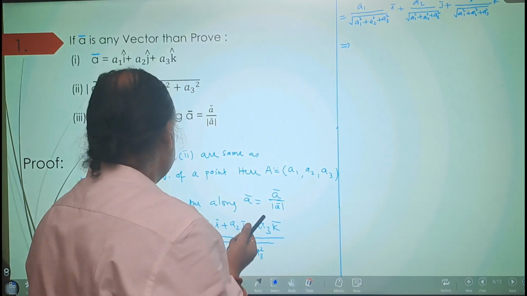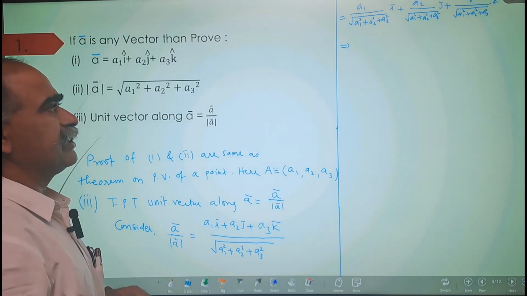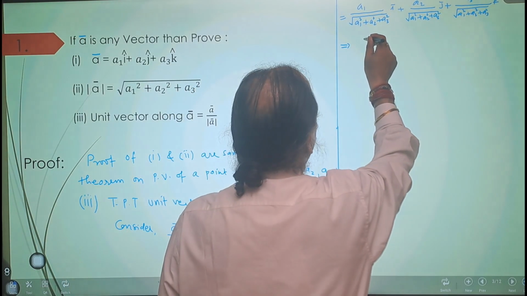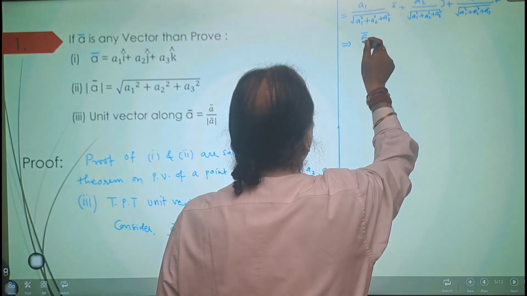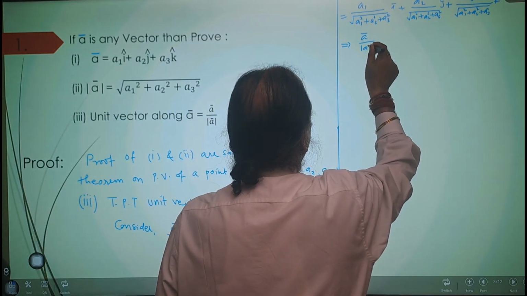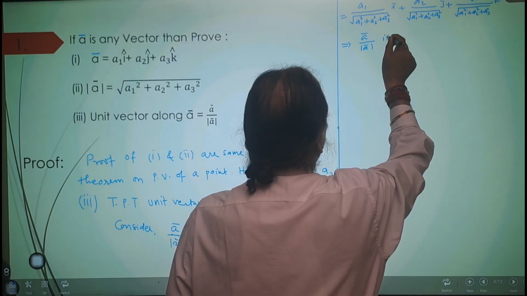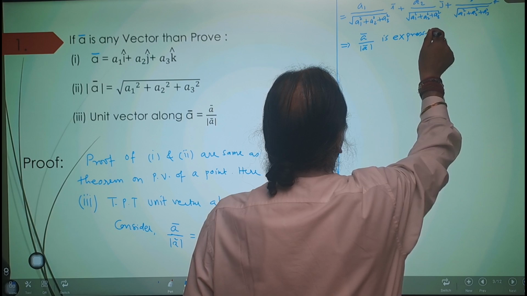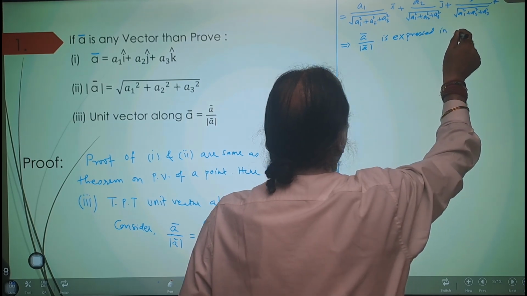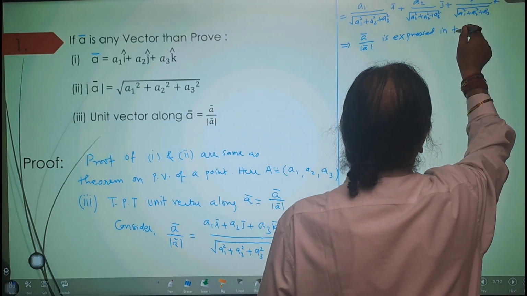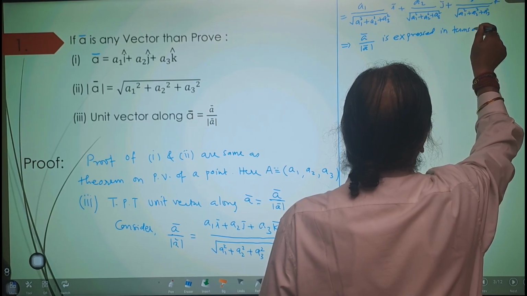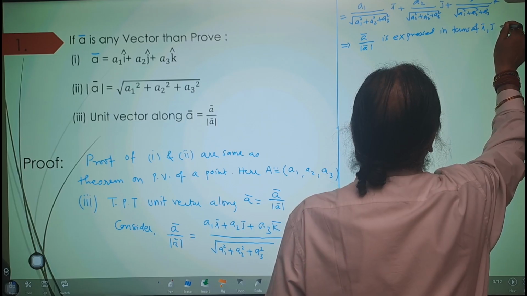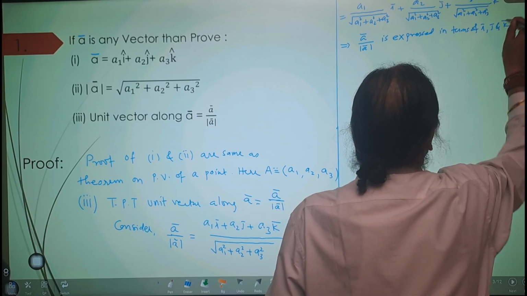This implies that A bar upon mod A bar is expressed in terms of I bar, j bar and k bar.